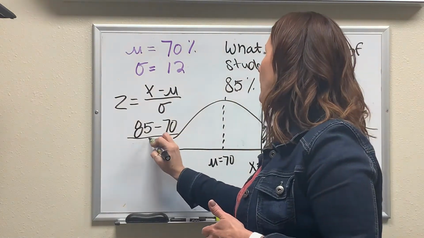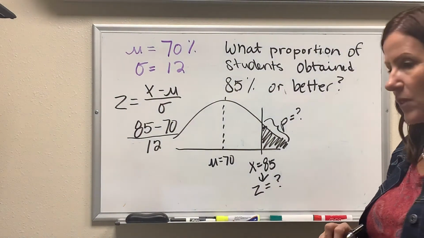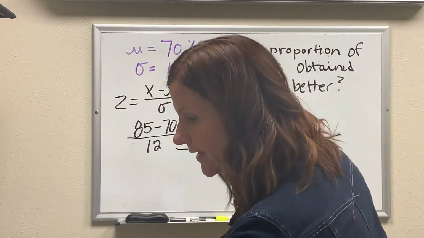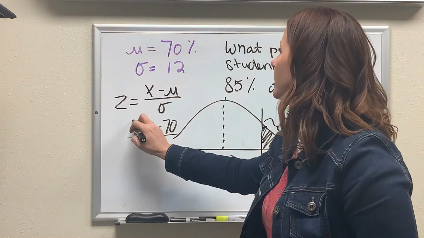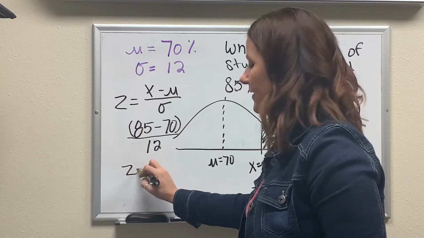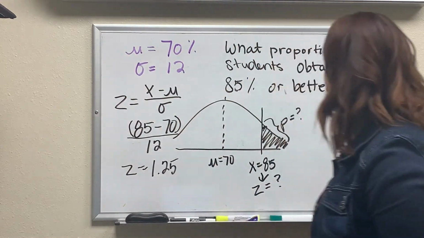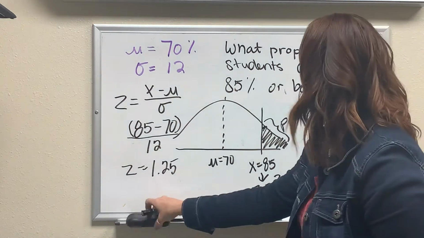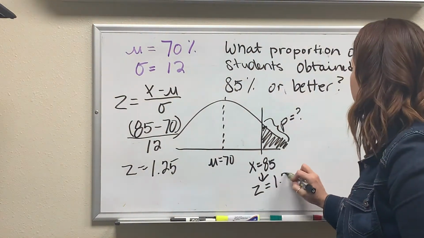We're going to put that all over our standard deviation, which is 12. When you calculate that out, you should put parentheses around this. You should be getting z equals positive 1.25. So we have that information, so we can erase our question mark and put 1.25.